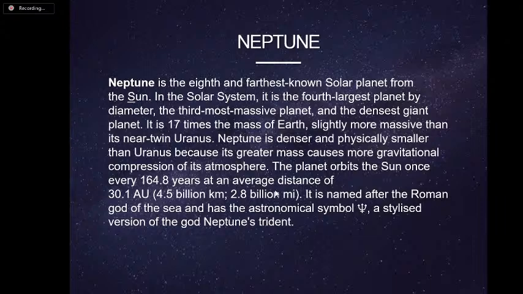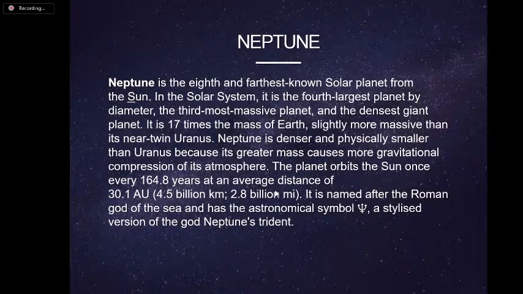The planet orbits the Sun once every 164.8 years at an average distance of 30.1 AU, or 4.5 billion kilometers, or 2.8 billion miles.